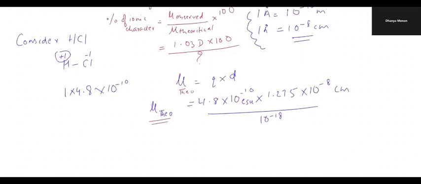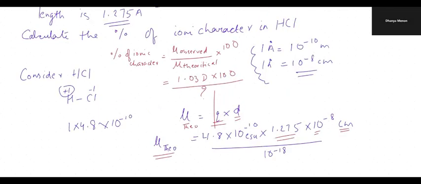In this, for Q we have to use ESU, so 4.8 times 10 raised to -10. The charge is 1, so 1 times 4.8 times 10 raised to -10 ESU, times the distance, which is given in Angstrom. I have to make it into centimeters, so I multiply by 10 raised to -8, divided by 10 raised to -18. This was the formula that was given over here.